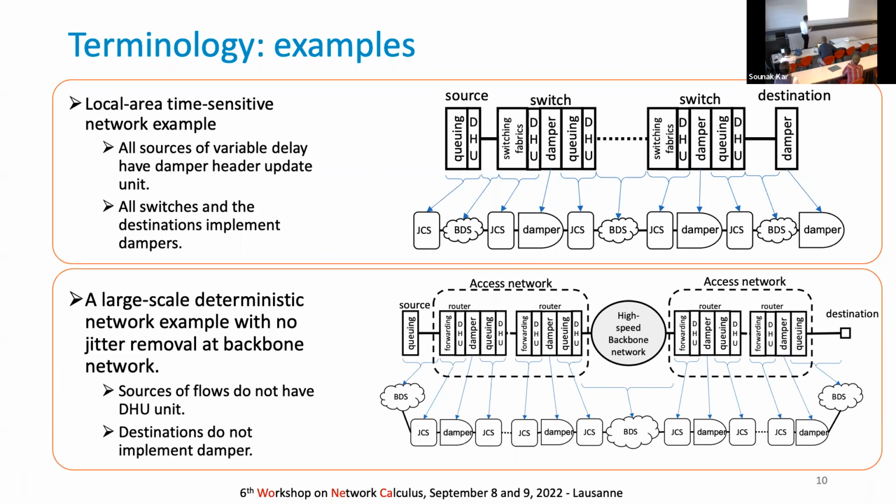Another example is a large-scale deterministic network where we have a backbone here, which we don't want to remove the jitter from, and it's counted as a BDS. And the access network is actually implementing a damper, so it's aware of damper mechanisms and timestamping. That's why we can remove the jitter that is within this access network. The source and destination are unaware of any jitter reduction mechanism, so we just account for them as BDSs.